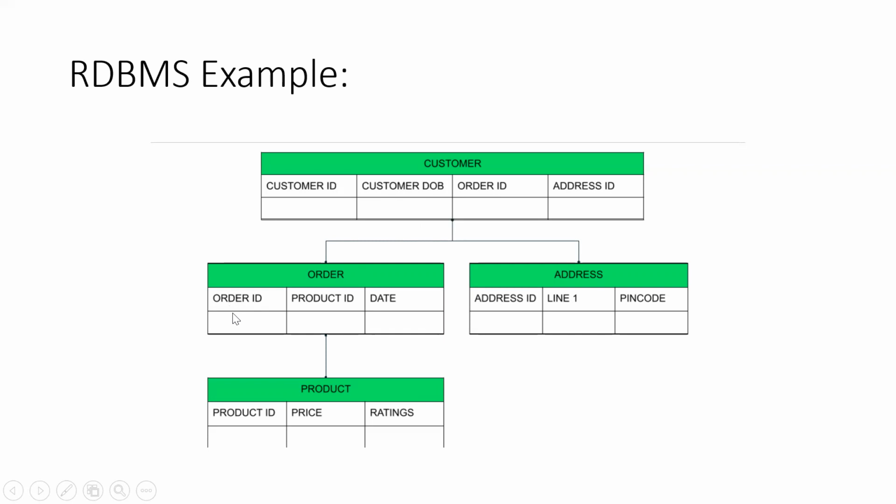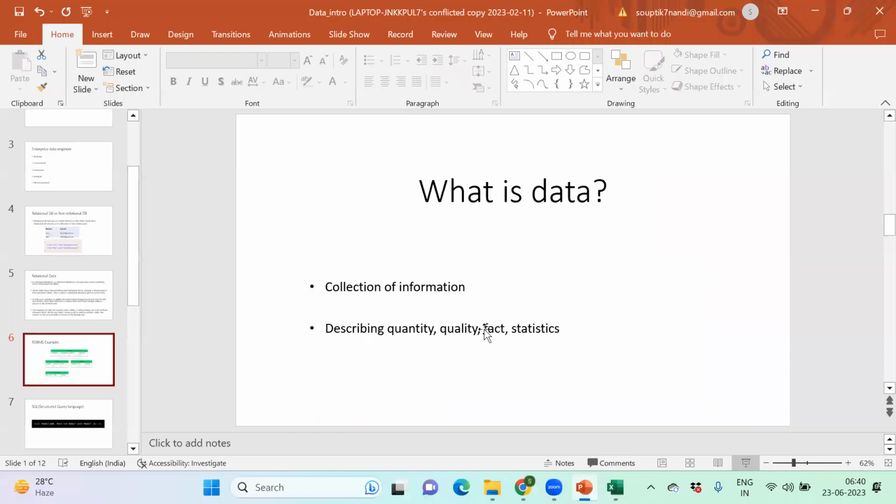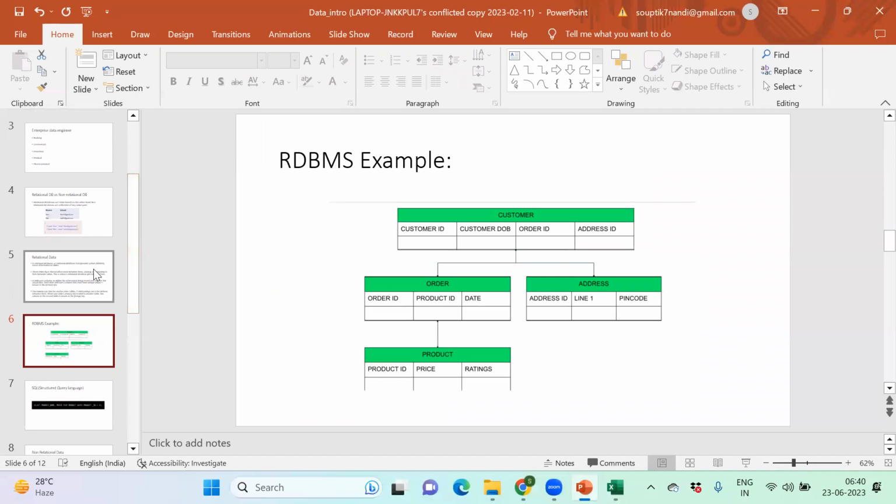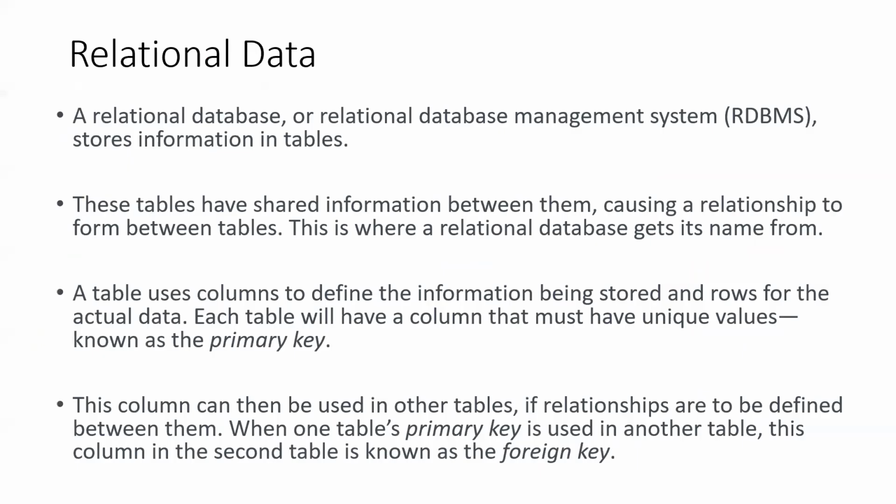You can set up a relationship based on order ID between these two tables. This concept applies to all the tables. So that is the primary key and foreign key concept. The last point: when one table's primary key is used in another table, the column in the second table is known as a foreign key.